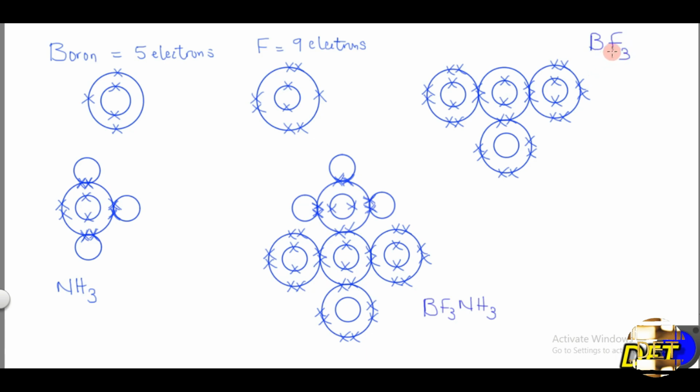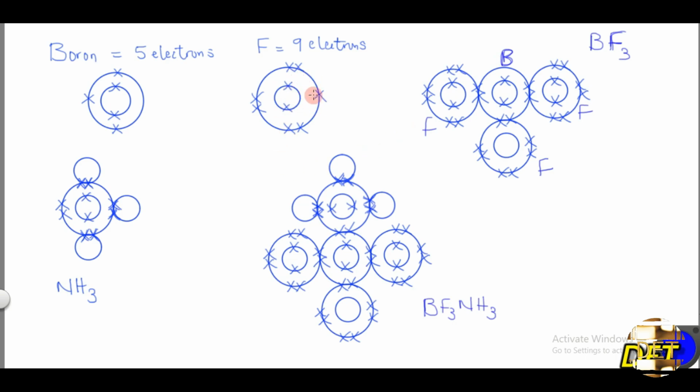What does that tell you? There are 3 atoms of fluorine in this compound. So this is fluorine, this is fluorine, this is fluorine, and this is what? The boron, right?